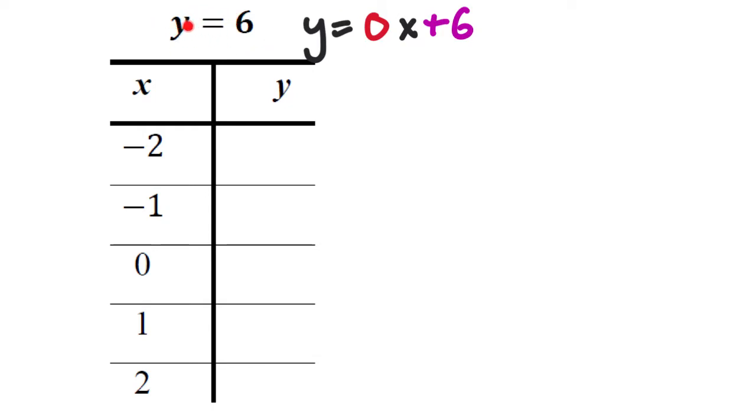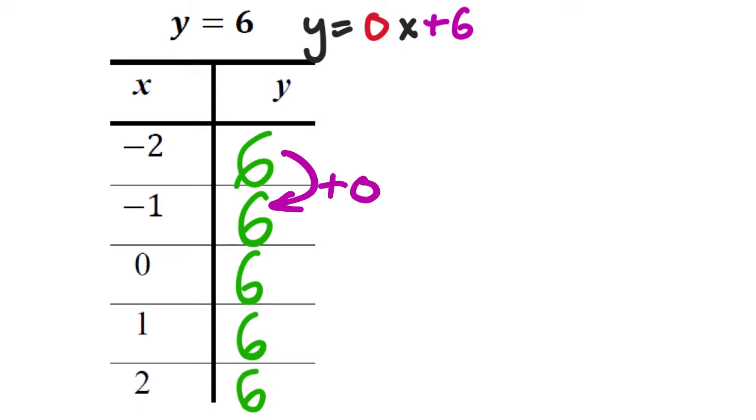In fact, the only values we can put in the table are values that make it true. And the only y value that's going to make this true is 6. So we'll just run through and put 6's in here. Like this. And from the table we can see that not only is it a function, but also that it's linear because this one is showing a change of up 0 and then to the right 1.